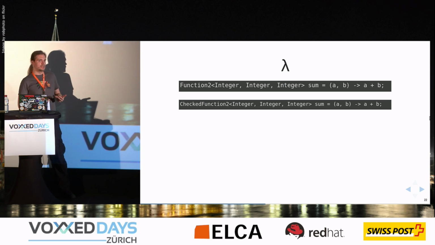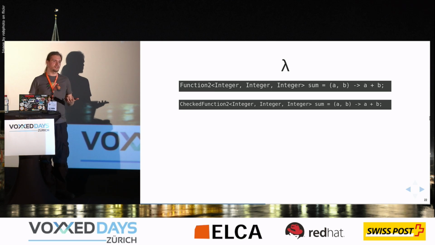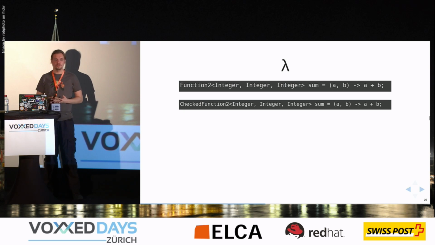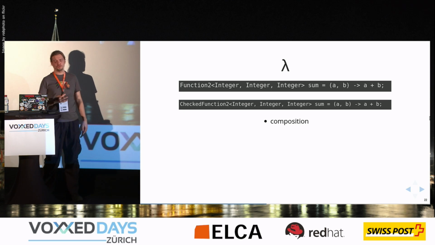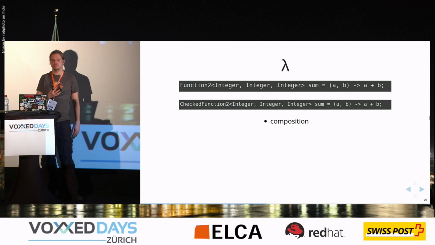So if you ever encounter some kind of checked exceptions in there, you can use a checked functional interface, and you won't need to try and catch an exception. What's also super nice is that you can compose them together, apply function composition to them.